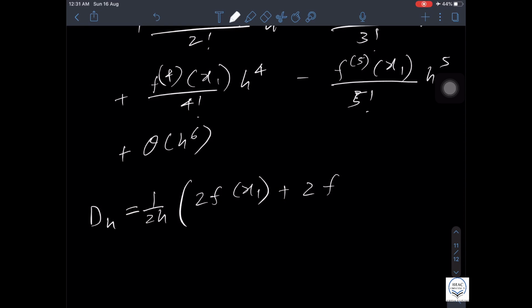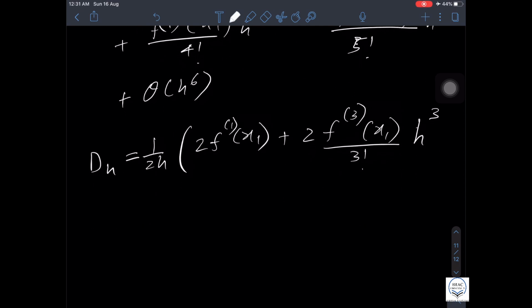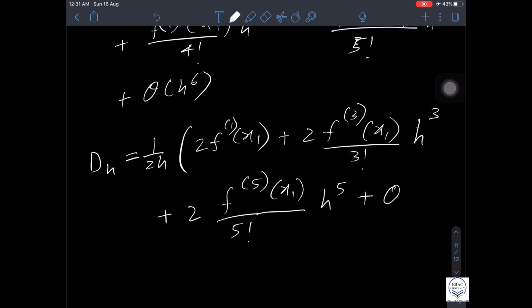So let's use f1, 2 f3 of x1 by 3 factorial h cube plus you have a 2 times f5 by 5 factorial f5 at x1 into h to the power 5 plus order h7, because the term with h6 will get cancelled.